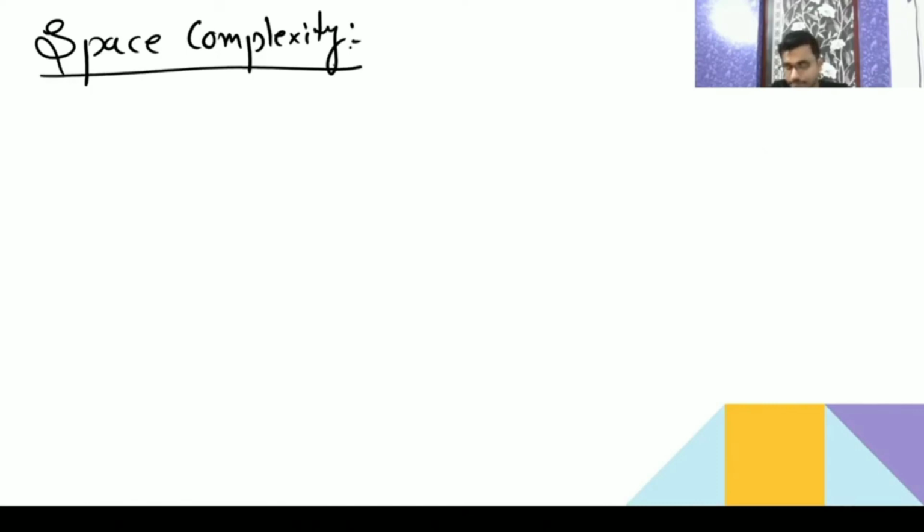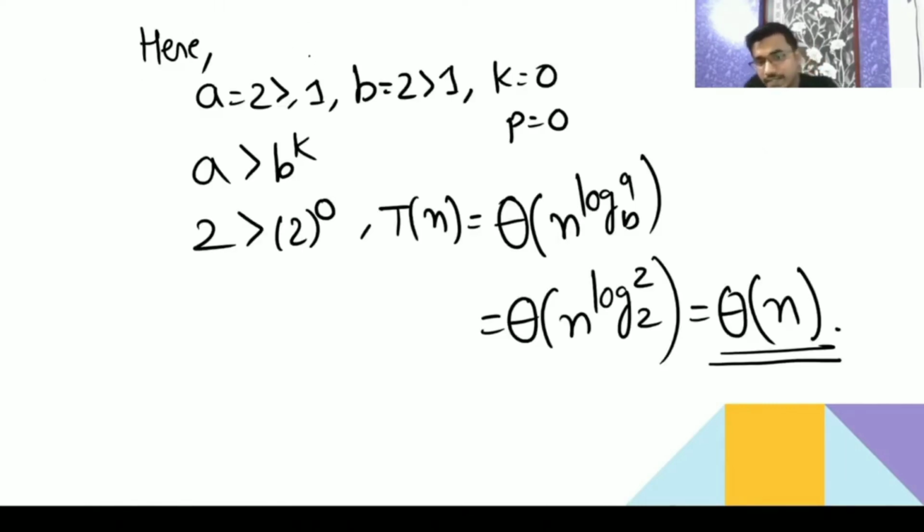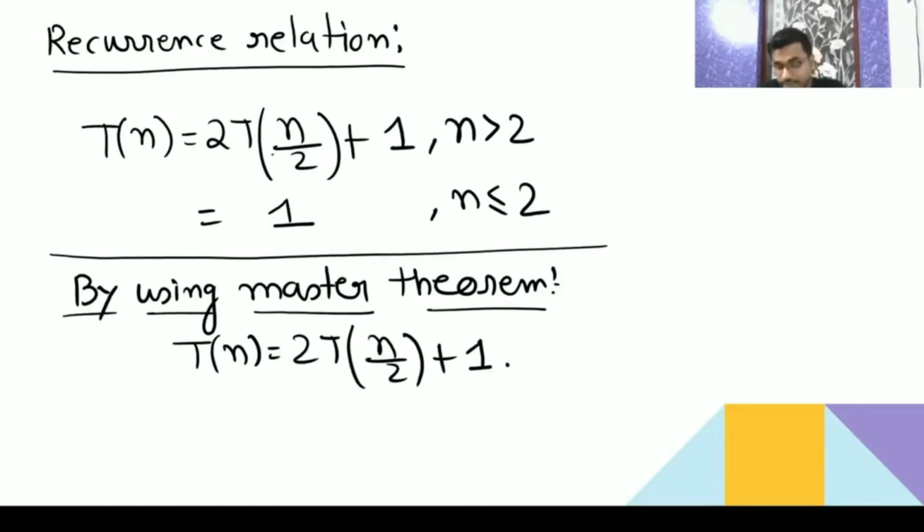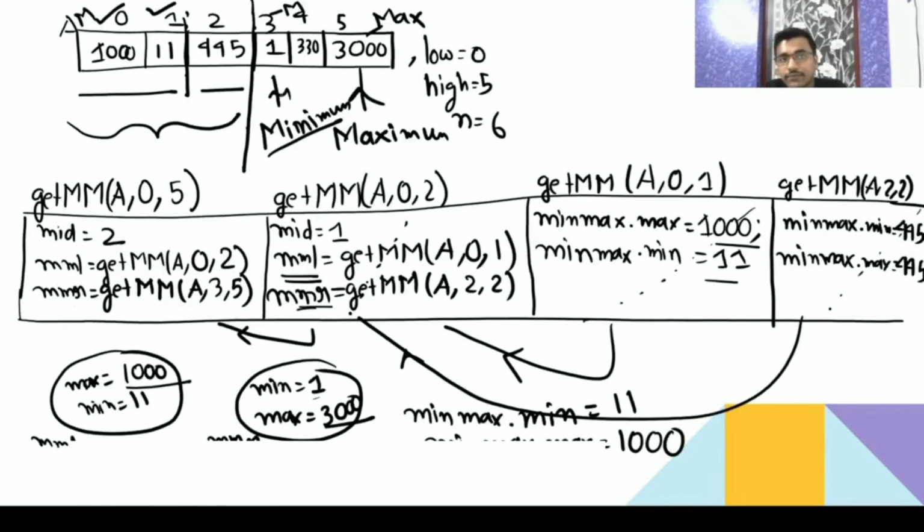Now space complexity. Since it is a recursive function, the space we require for this is based on how we divide that function by half, then again half, then again half.